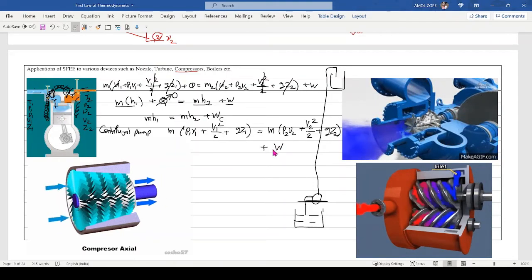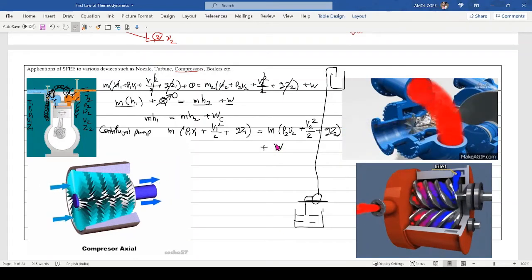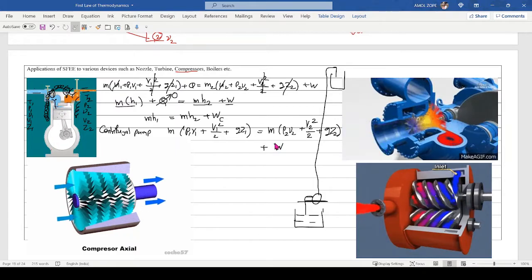Now if this is work done of compression or pumping, means what?